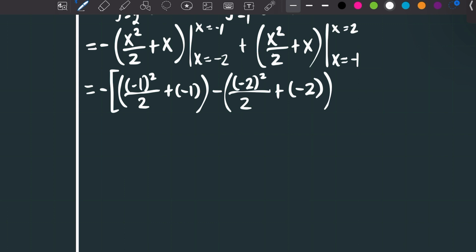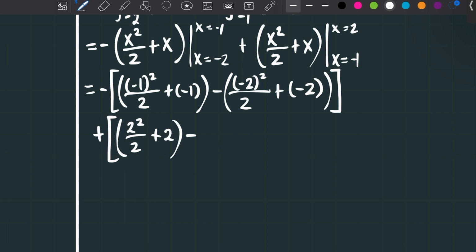Okay. Ayan. Tapos, square bracket. Plus, for the other integral, we have here, starting with x equals 2. So, this is 2 squared all over 2 plus 2, tapos minus, at x equals negative 1, that's negative 1 squared over 2 minus negative 1.